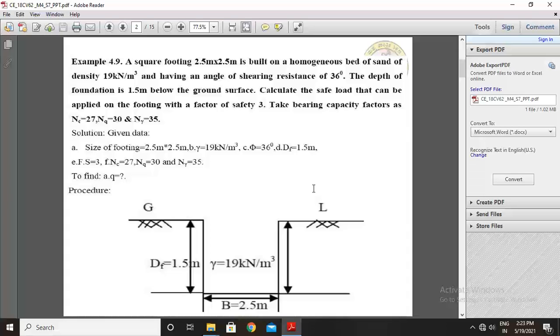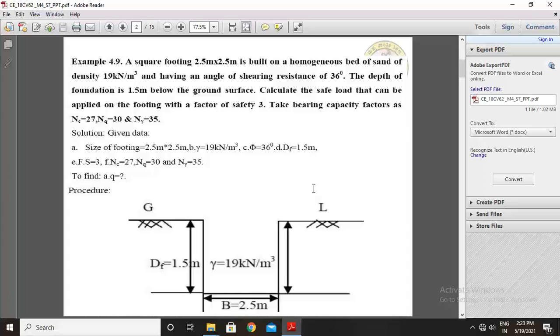Calculate the safe load that can be applied on the footing with a factor of safety of 3. Take bearing capacity factors as Nc equal to 27, Nq is 30 and N gamma is given 35.